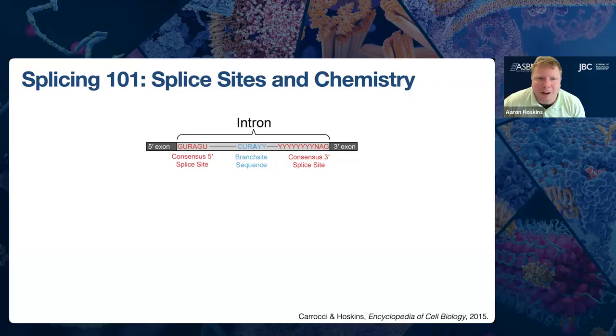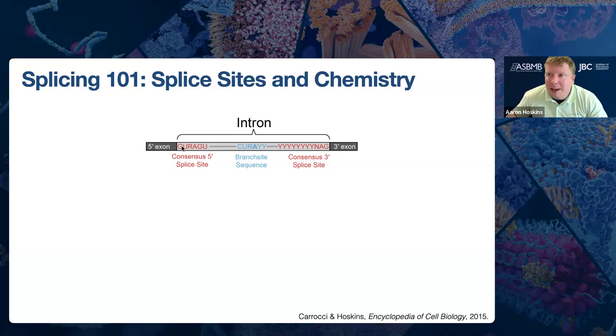Splicing involves the removal of intronic sequences from nascent transcripts and ligation of the flanking exons together. These intronic regions are recognized predominantly through conserved sequence motifs in the RNA.